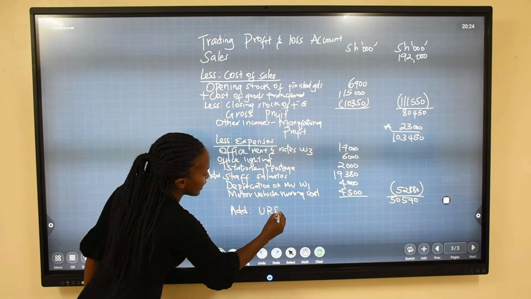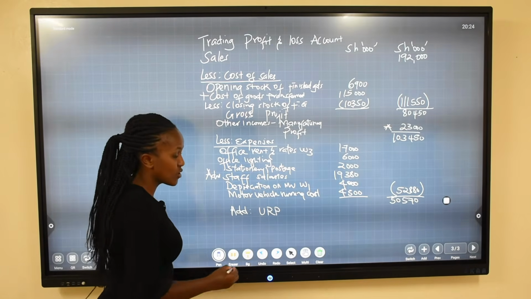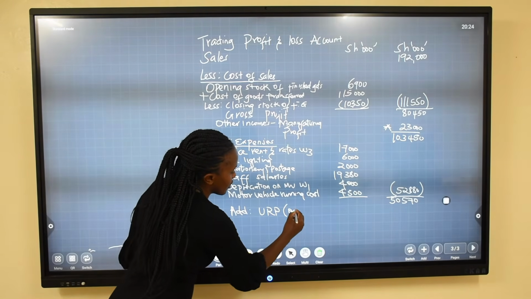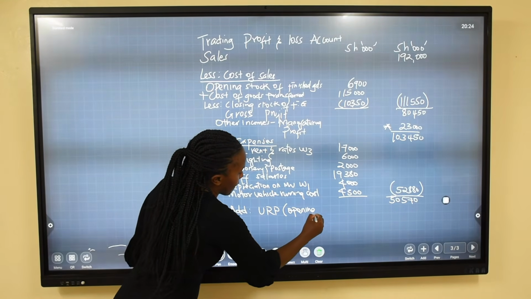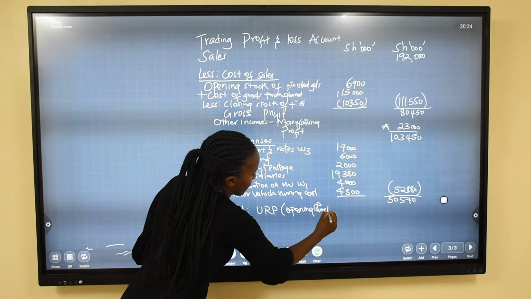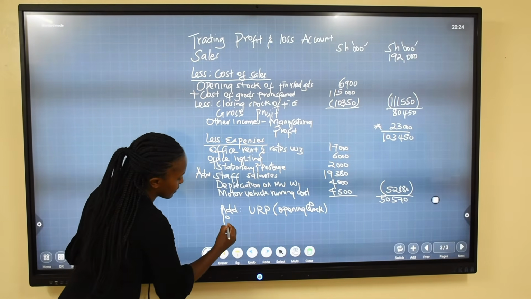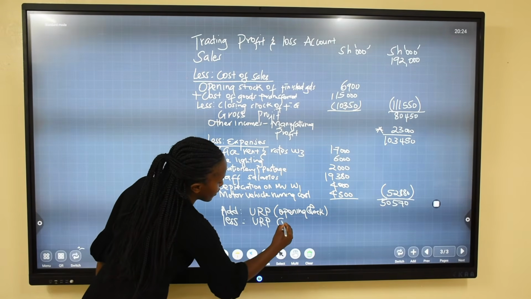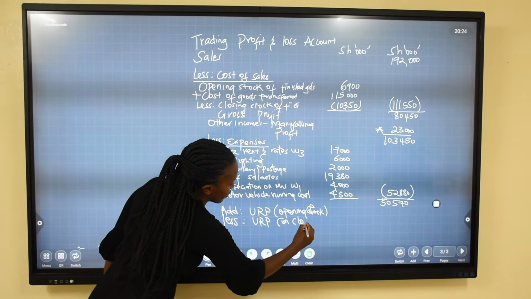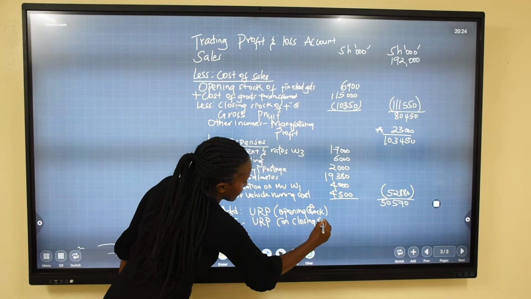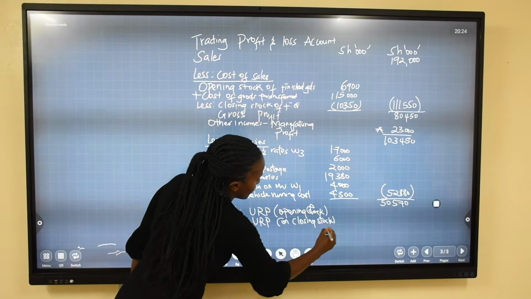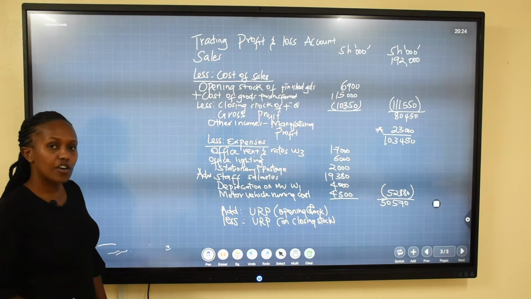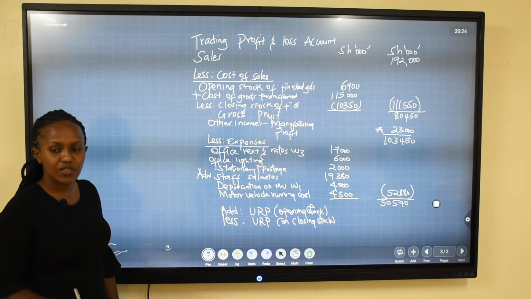URP, unrealized profit at the beginning of the year for opening stock. And then we less URP on closing stock. So the URP on opening stock was already given.